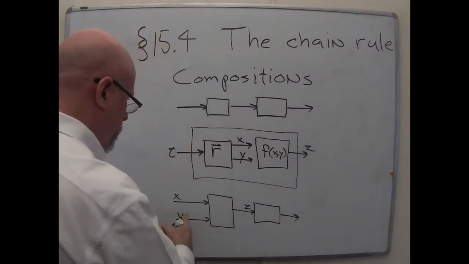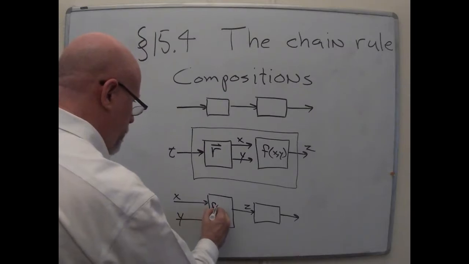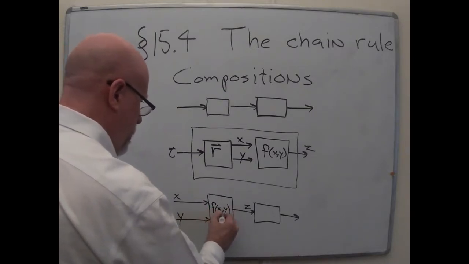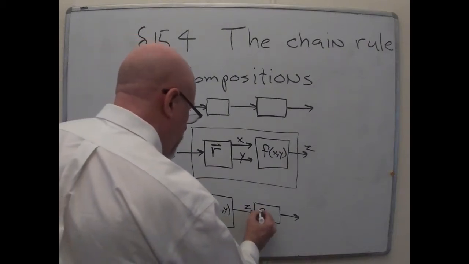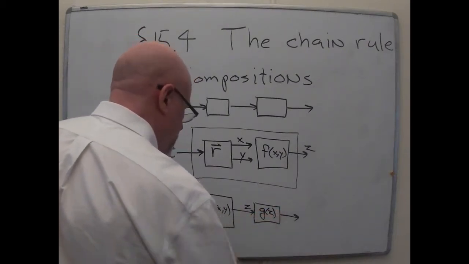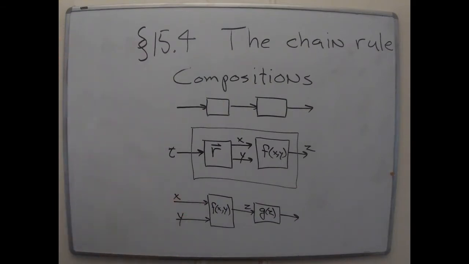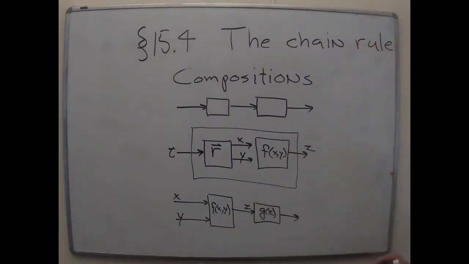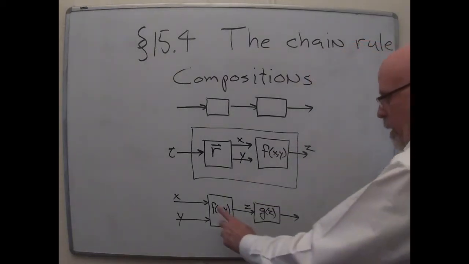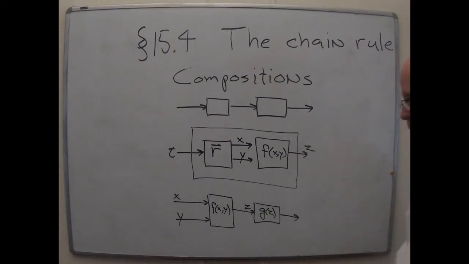So this guy would be something like our f of x and y. This guy would be, how about g of z? Now I've done the drawing for it here. How do you actually write a formula for that? The inputs first go into f, and the output of that goes into g, which you would write this way, g of f of x y.